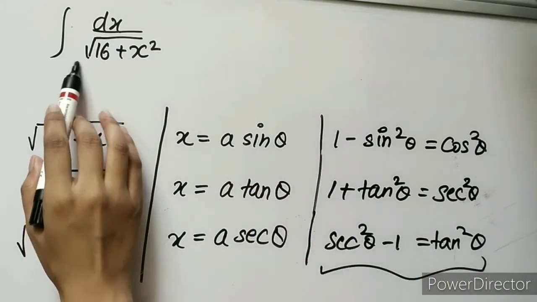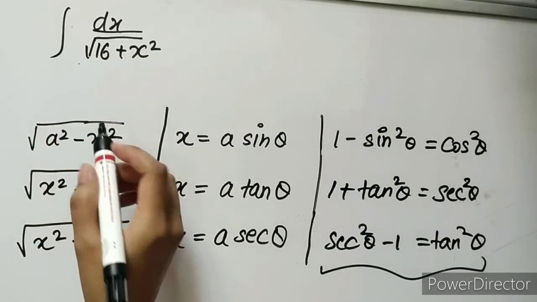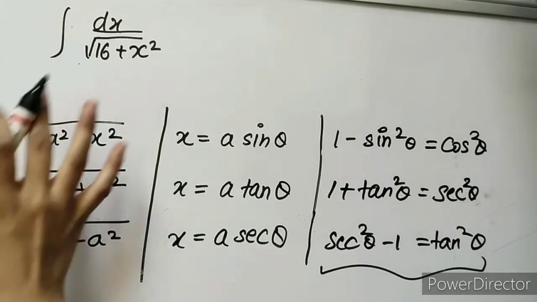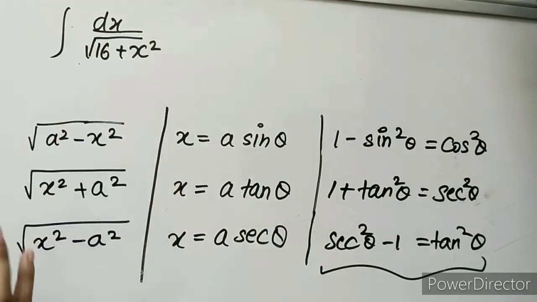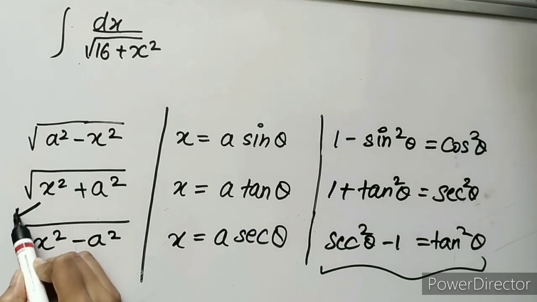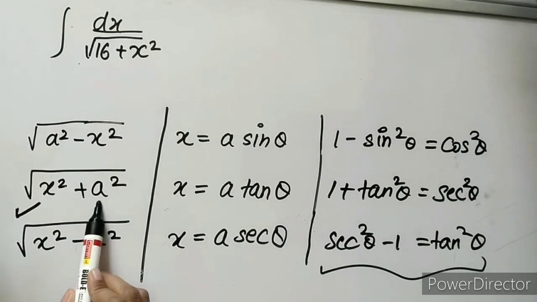You have to integrate this, and before starting this you have to recognize which expression this is matching to, from the ones I have written over here. So this is root 16 plus x square, which is similar to this, and here a is equal to 4.